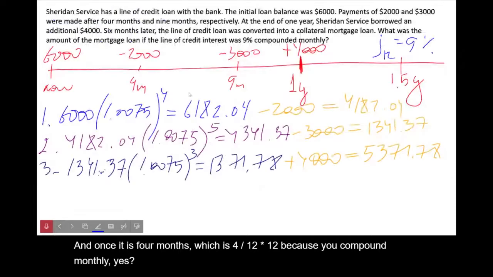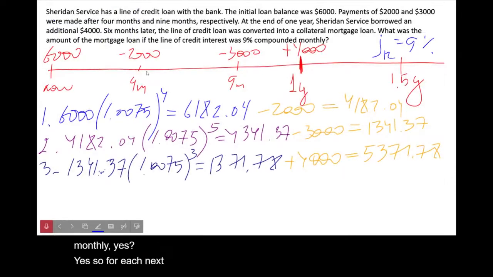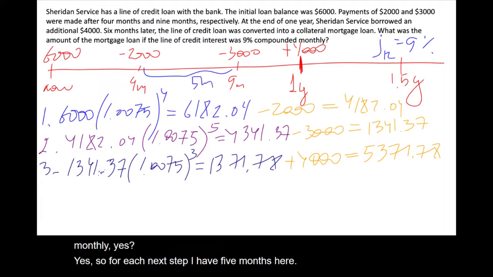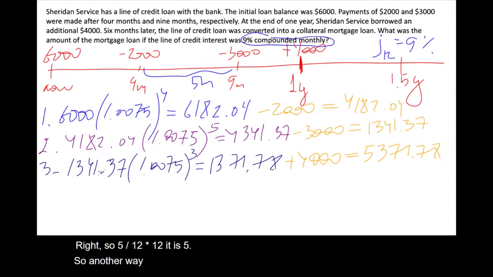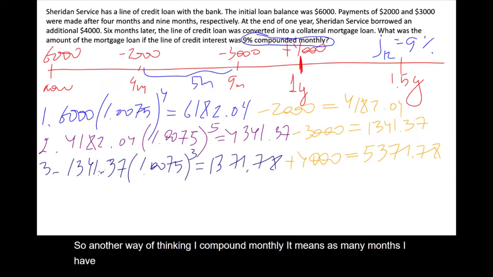So for the next step, I have 5 months, right? So 5 over 12 times 12, it is 5. So another way of thinking, I compound monthly. It means as many months as I have, as many compound periods I have. Make sense?